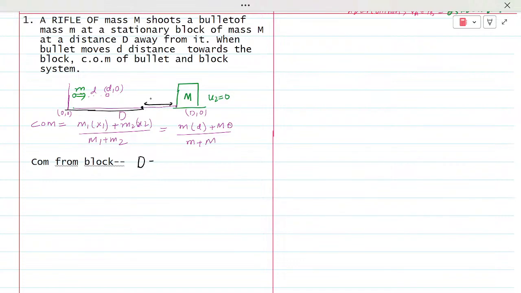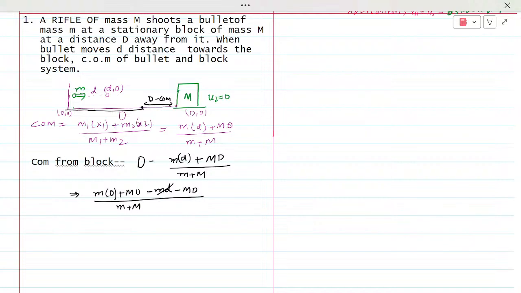This distance is equal to capital D minus center of mass distance, which is capital D minus (small m into d plus capital M into D) by small m plus capital M. So that implies small m into capital D plus capital M into D minus small m into small d minus capital M into capital D, by small m plus capital M. So capital M into D gets cancelled, and these two get cancelled.